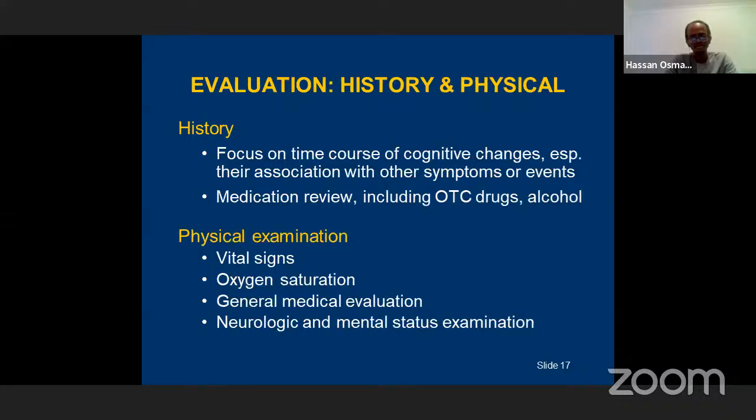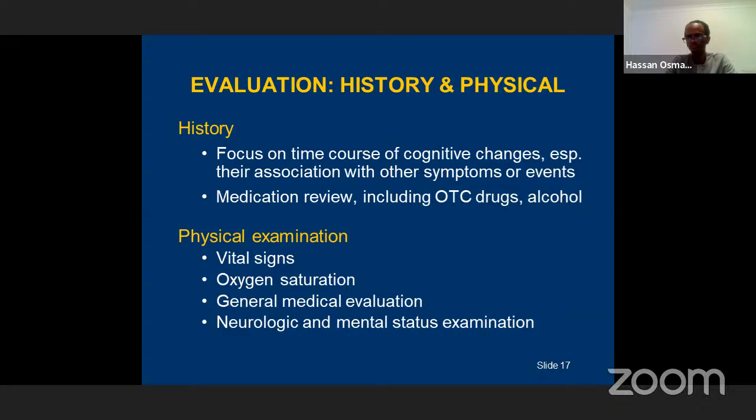Regarding the history and the physical examination, focus on the time course of cognitive changes, especially their association with other symptoms or events. Medication review is one of the vital things. As Dr. Nadir usually said, try to review the medication.